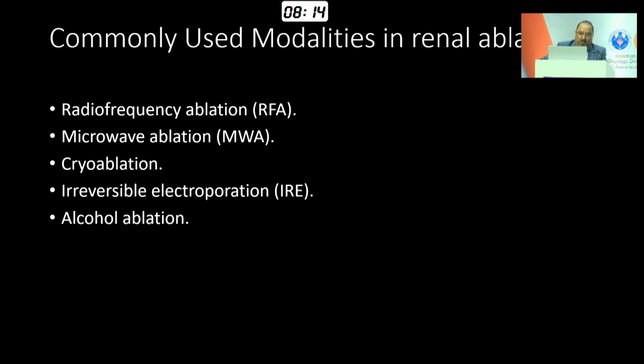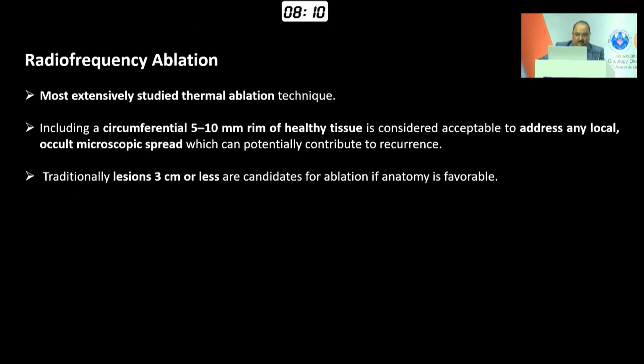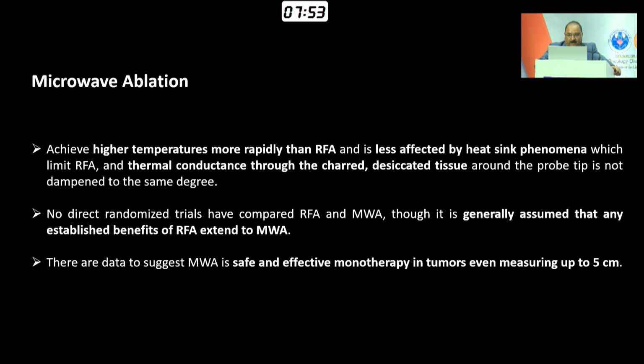So RFA is very popular, it's most commonly used, and in RFA the ablation zone is not very uniform. In the periphery, because of the heat sink effect, the tumor may not be ablated properly, so we take a safety margin of say 5 to 10 mm around the ablated margin, so that the entire tumor is covered.